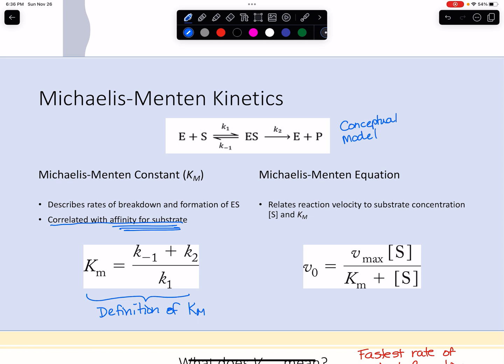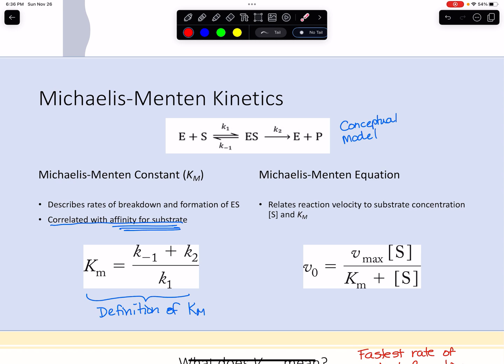It is not the exact same thing as an association equilibrium constant, because the regular association constant would be the equilibrium constant that governs this. But again, because we can get a chemical reaction happening that causes this to disappear, we're not really determining the exact affinity when we determine Km. So that is the caveat there, but it is highly correlated with affinity.